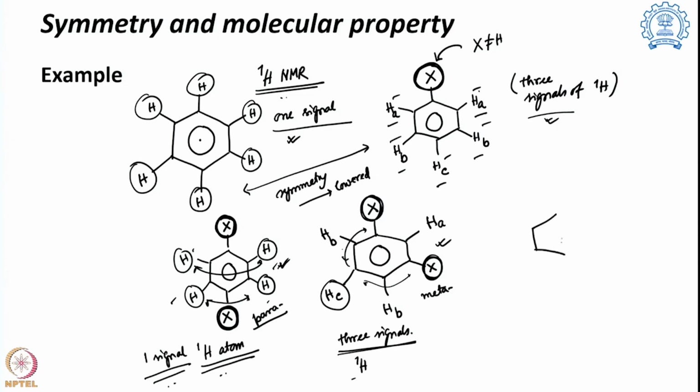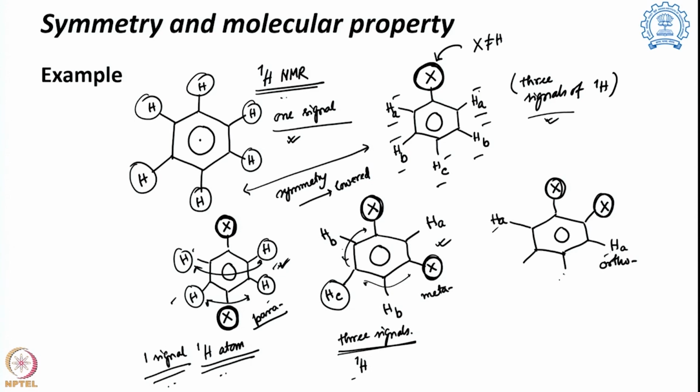And the last one, with bisubstituted benzene I can have them in the ortho position. And over here how many signals are we going to get? So, over here this will be a hydrogen ortho to one and meta to the other, same for this one.